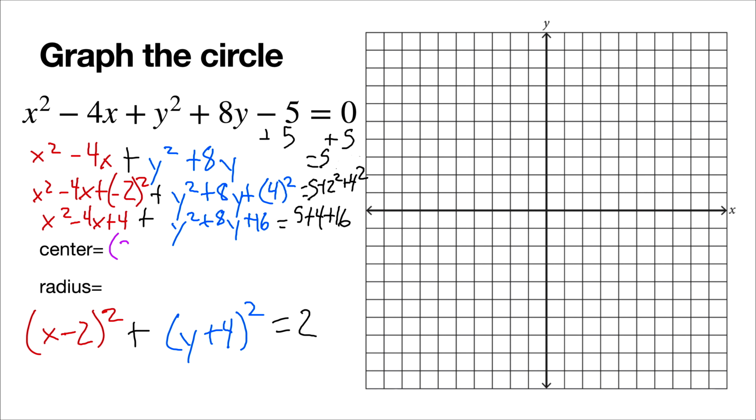Our center is at positive 2, negative 4, and our radius is, in this case, the square root of 25, which is 5. So, positive 2, negative 4, and counting out 1, 2, 3, 4, 5. And there we go. And that's it.